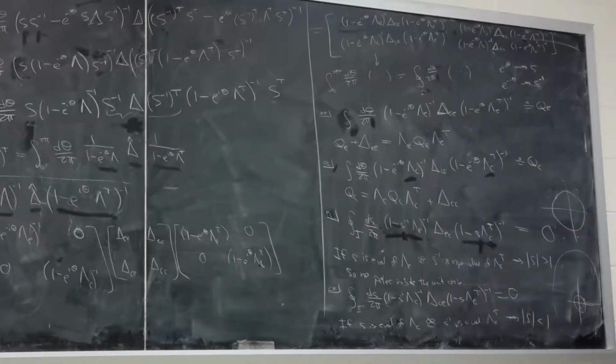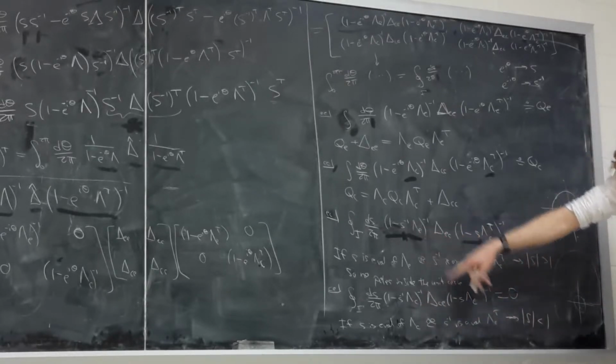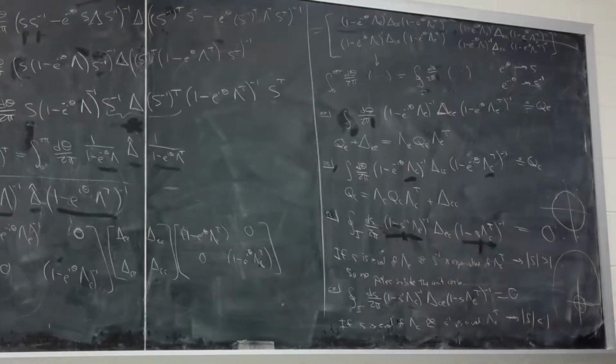Why doesn't it work if it's 0 when you integrate around the unit circle? These two are not the same. This one has lambda C here versus lambda B. But if the integral vanishes, why does it?